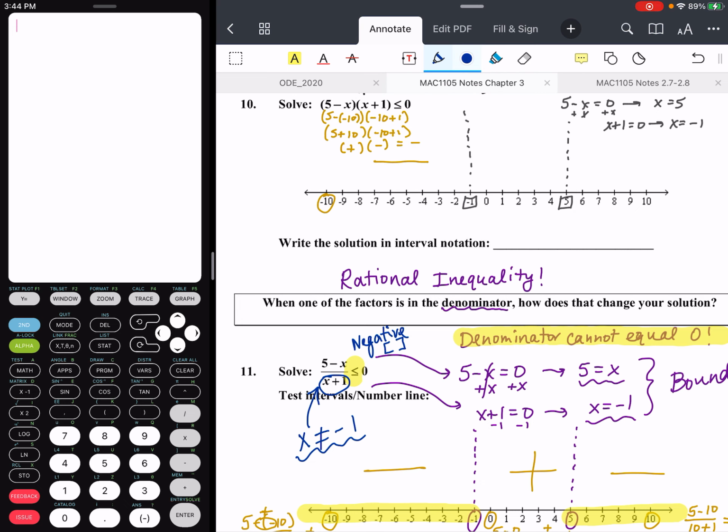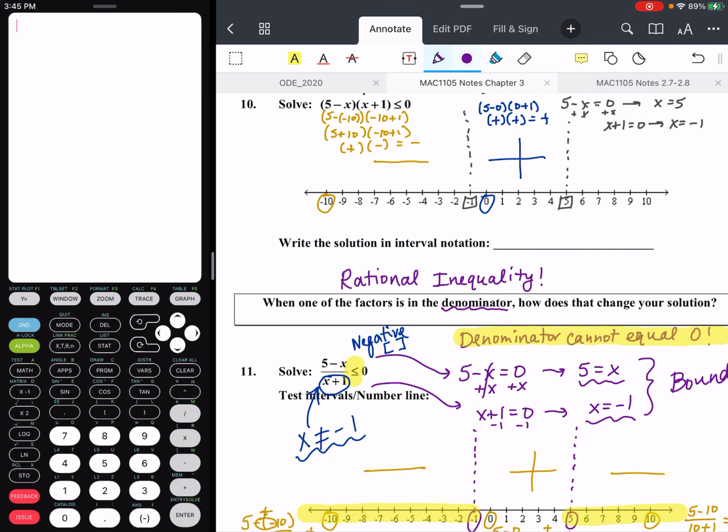And then in the middle, I like to pick 0 whenever I can. So let's plug in 0. This would give me 5 minus 0 times 0 plus 1. This gives me a positive times a positive, which equals a positive. So all values in that interval, when I plug values from that interval into the polynomial, would give me a positive result.